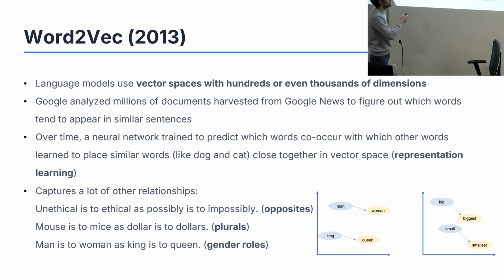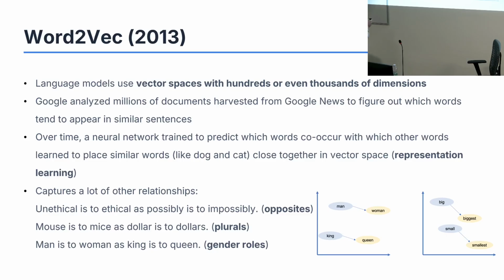It is able to understand opposites, man and woman, good and bad. It is able to understand plurals without us teaching them. It is able to understand gender. So basically this learned representation is able to understand all of these relationships.